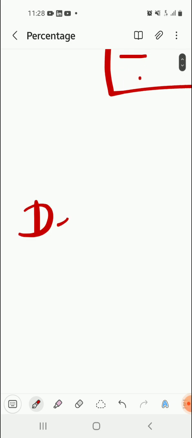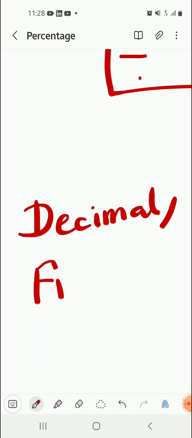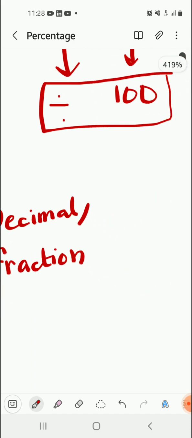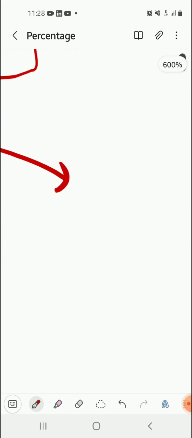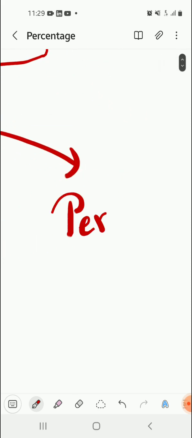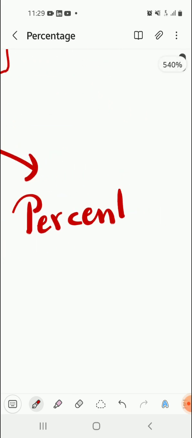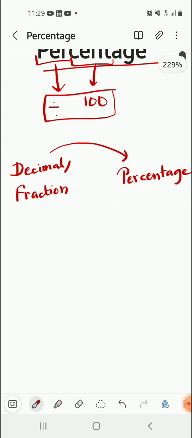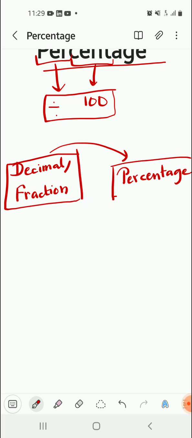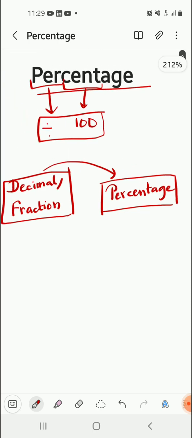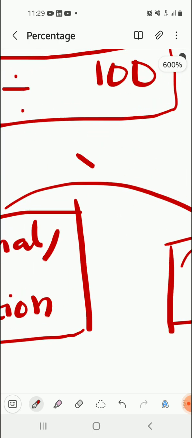First, if we are given a decimal or a fraction and we are asked to convert it into percentage, we have to follow a simple step, that is to multiply by 100.